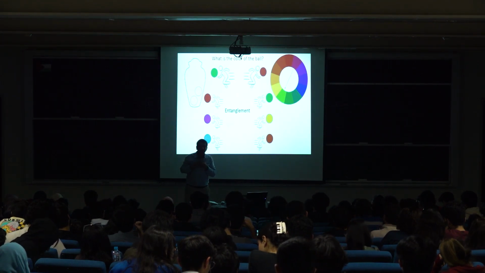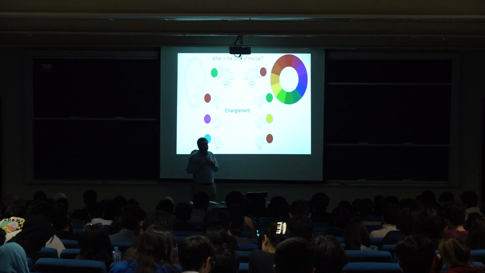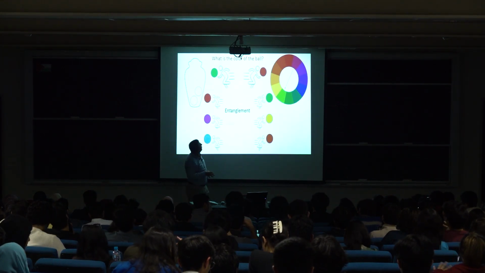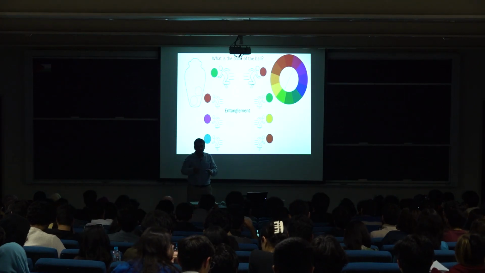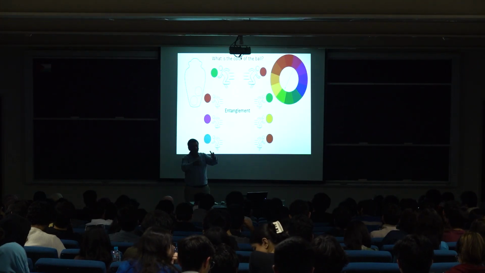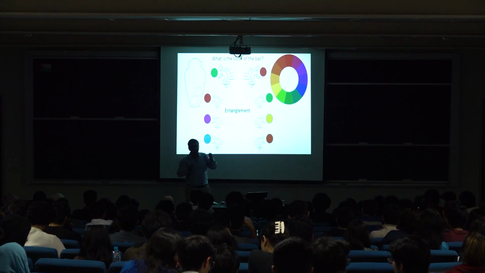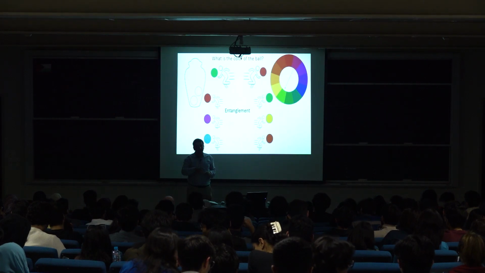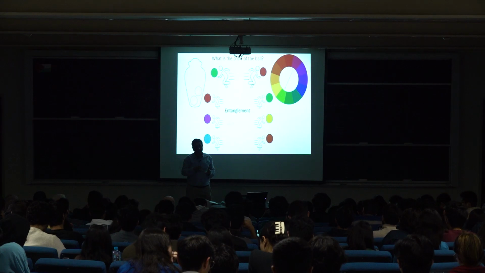Now the question I would like to ask is, what color is a ball? Suppose this vase is jumbled, it has many balls in it, rolled, tossed around, all the balls come in a chaotic fashion, and Alice picks up one ball and Bob picks up the other ball. So there are pairs of balls.